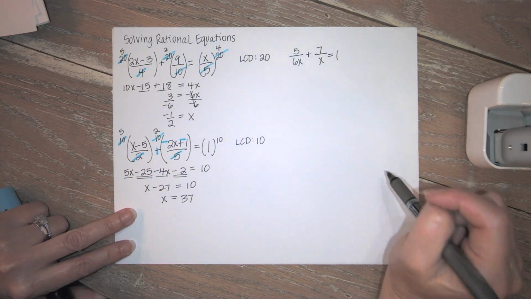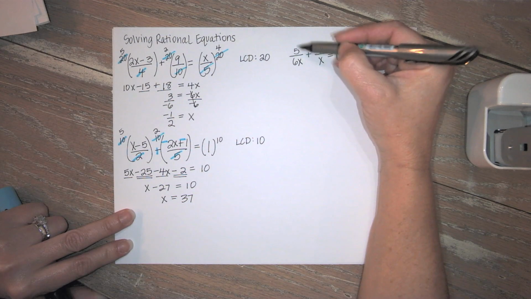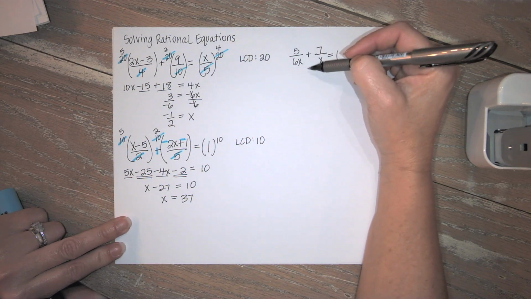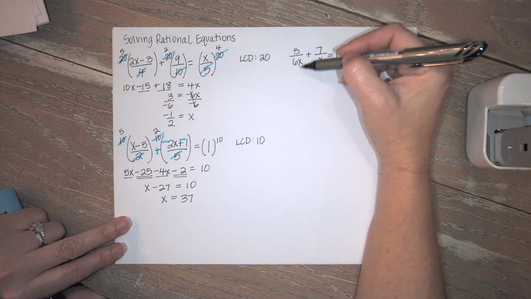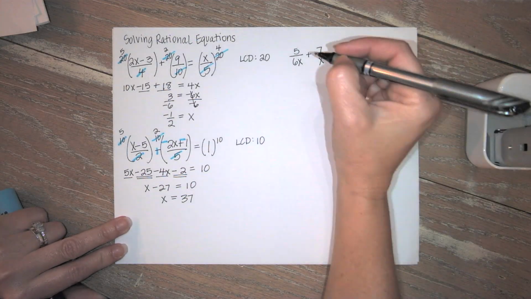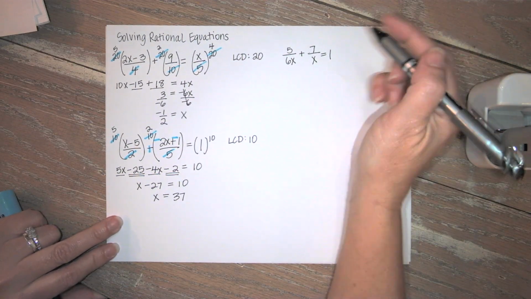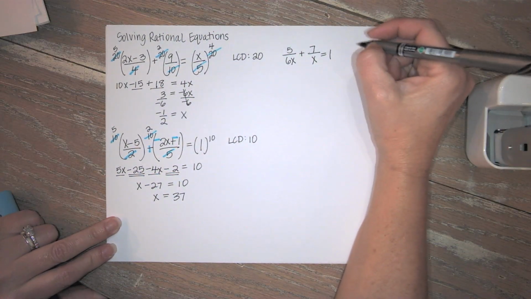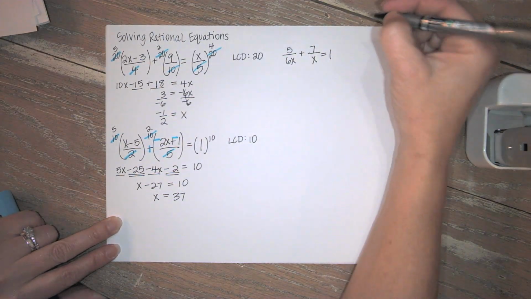So there are a couple of things we have to think about. The denominator of a fraction or a rational expression can never be 0 because that will make the whole fraction or rational expression undefined. So we're going to have some restricted values here for x, things that x cannot be, things that would make these denominators equal 0.